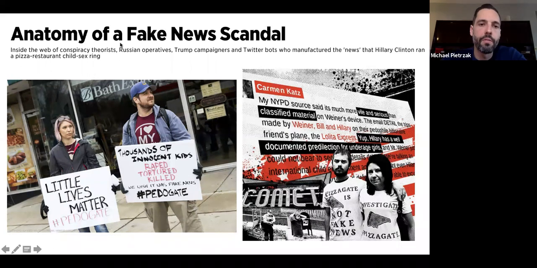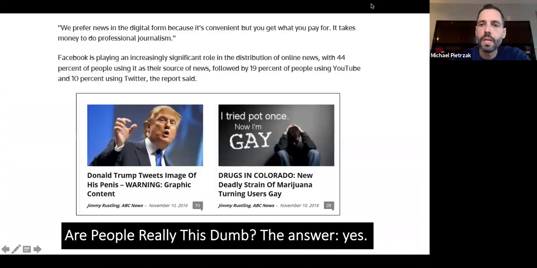So how do we get around fake news? And by the way, here's a quote about this. We prefer news in the digital form because it's convenient. But you get what you pay for. It takes money to do professional journalism. So this is true. We like to get our news from our phone and our computers because it's easy to get, right? It's also easy to produce.